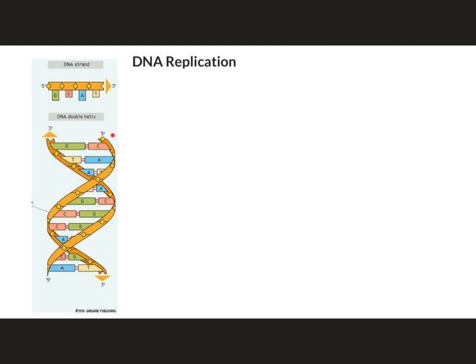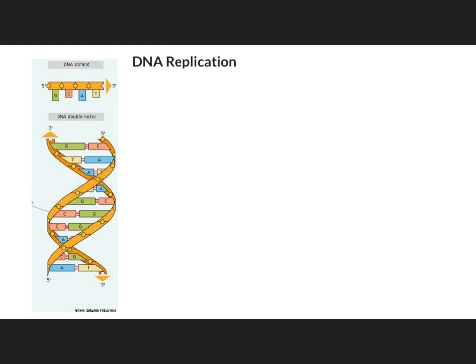Now, what do the 5' and 3' numbers indicate? These indicate the carbon numbers in the DNA's sugar backbone. The 5' carbon has a phosphate group attached to it, and the 3' carbon has a hydroxyl group. This asymmetry gives a DNA strand a direction. DNA is normally read in the 5' to 3' manner.